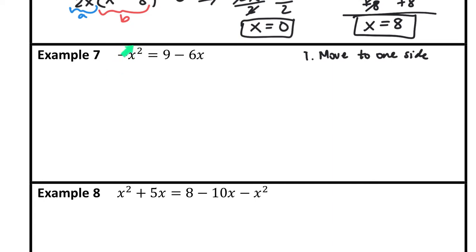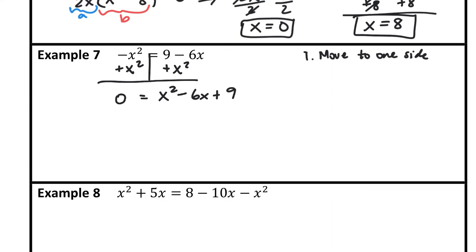It's easier for me to move 1 term to the other side. So the opposite of negative x squared is positive x squared. So that's going to give me 0 equals x squared minus 6x plus 9. So that's step 1 checked off.